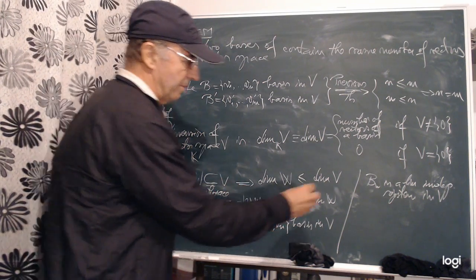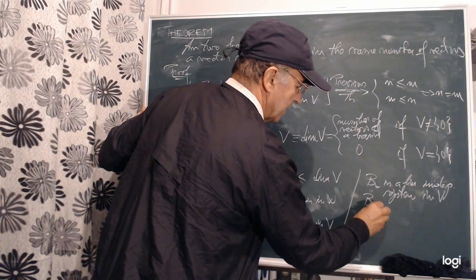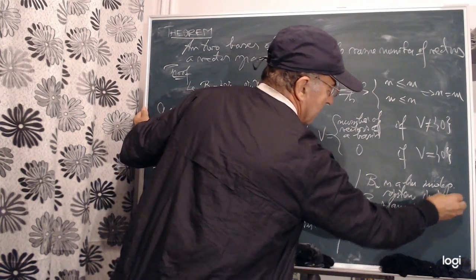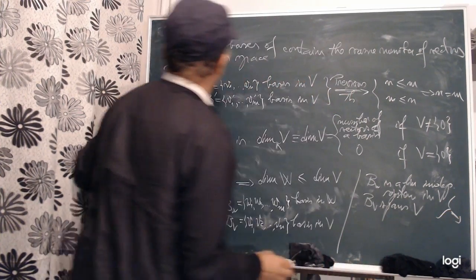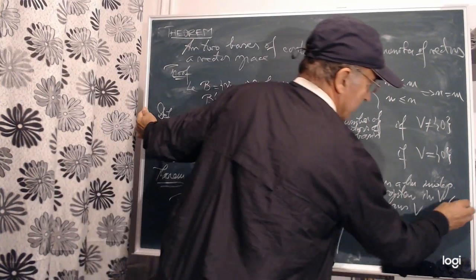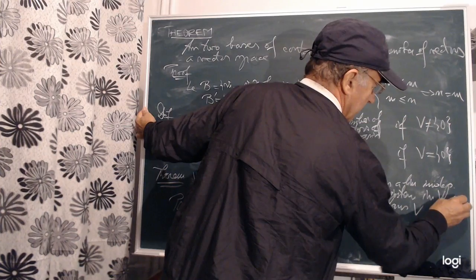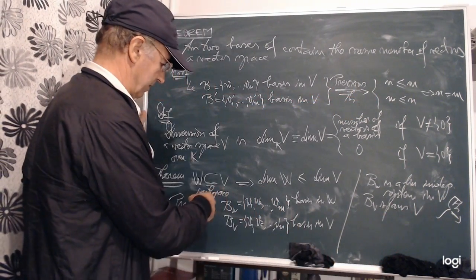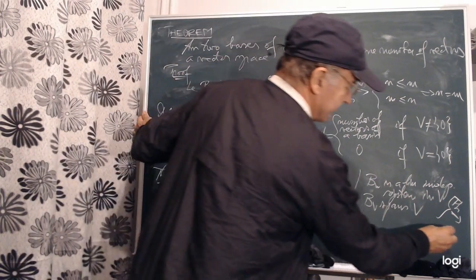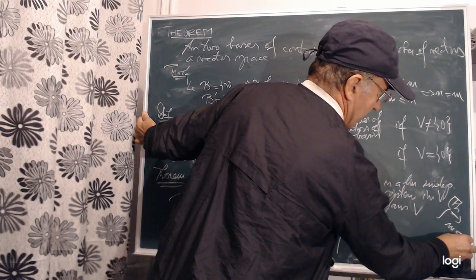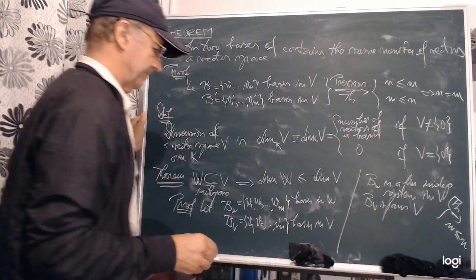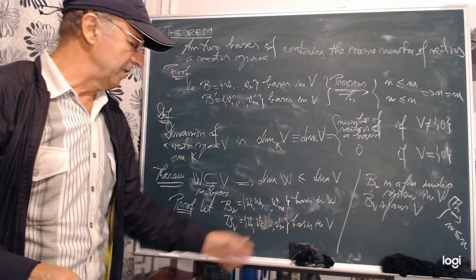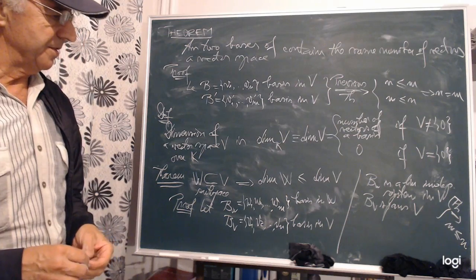And the basis of V spans V, and from our previous theorem, we get that m is less than or equal to n. And this can be extended up to a basis of V.